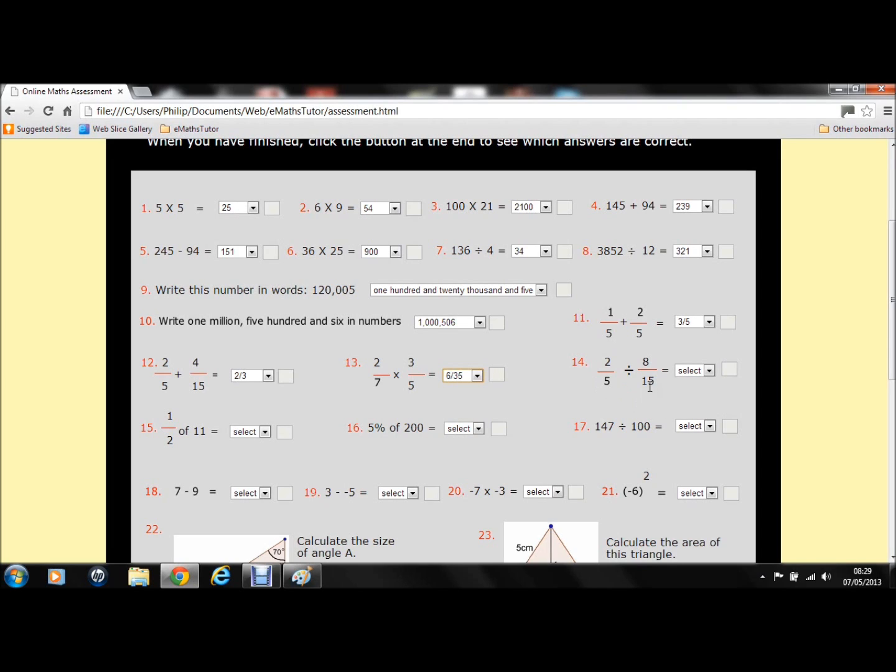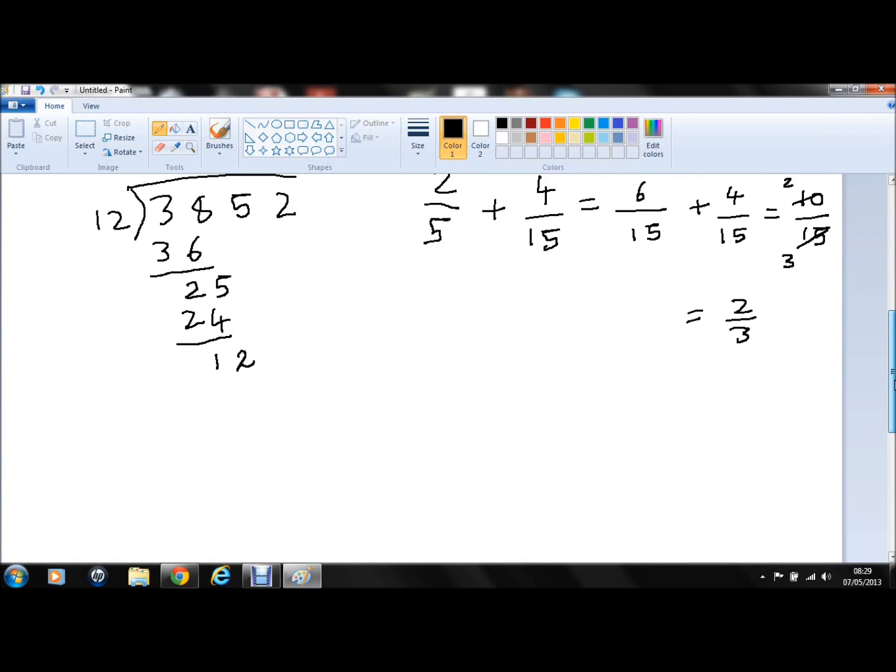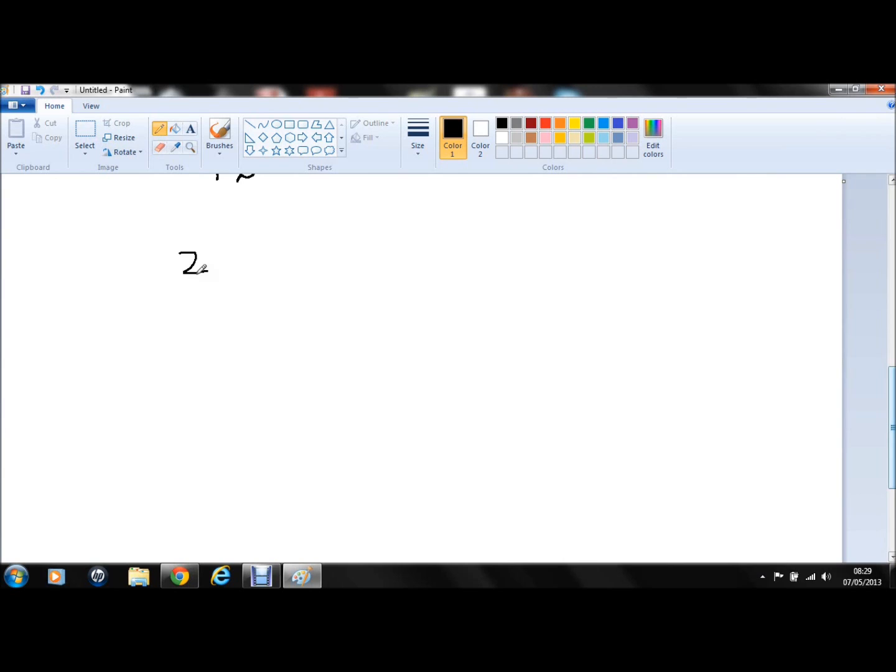Question 14 is division of fractions, and here we have to use a trick. We've got 2/5 divided by 8/15.